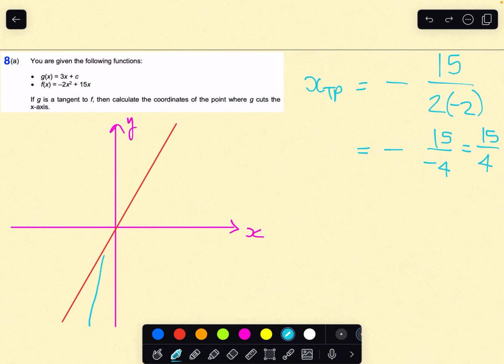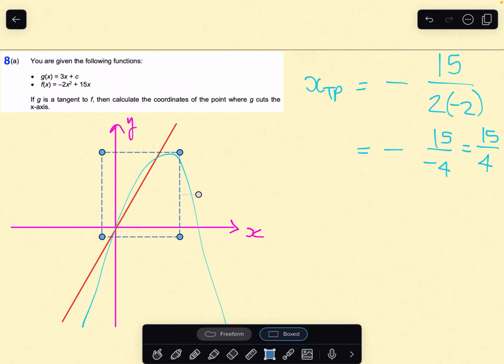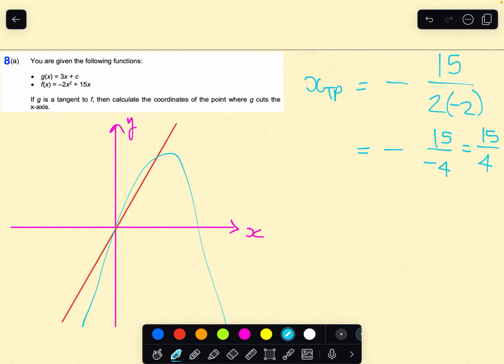Okay, so we know that it crosses there by the origin, so something like that. Another way we could have known is we could have worked out the other x-intercept, right? What we want to solve is when f of x is equal to 0, and we can figure that out by factoring out the common x. Then we're left with minus 2x plus 15. So then we know, of course, the one x-intercept is 0.